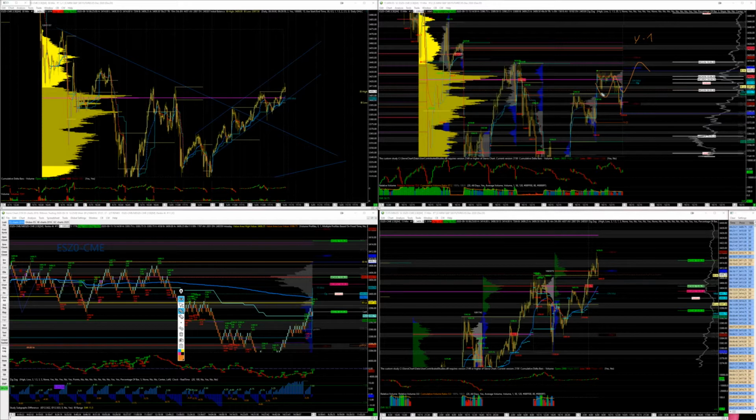Scenario 2. Yesterday I had an open test higher to the double top at 14, or slightly lower, to that high volume node here, around 10.